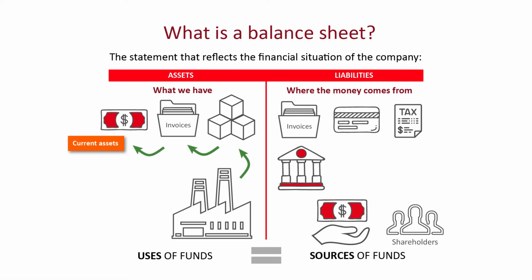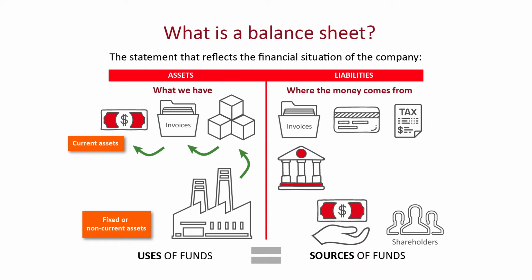The short-term ones we call current assets, which are basically assets that will be converted into cash and are more liquid: the inventory, the invoices that are still unpaid, and the cash. But then there are some fixed assets which are long-term, are not converted into cash, and normally stay there for longer, 10, 15, 20, 30 years. Those are called non-current assets or fixed assets.